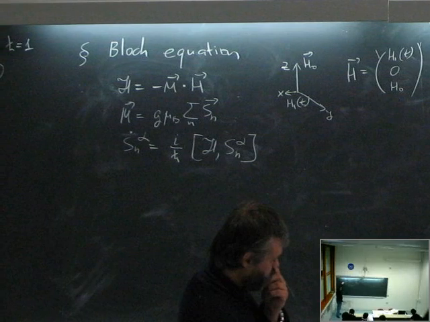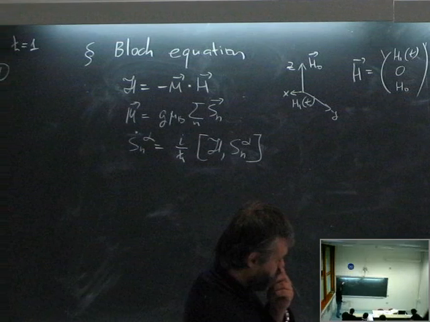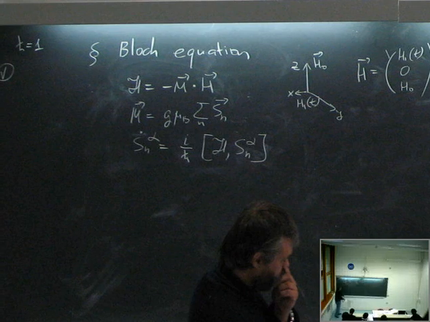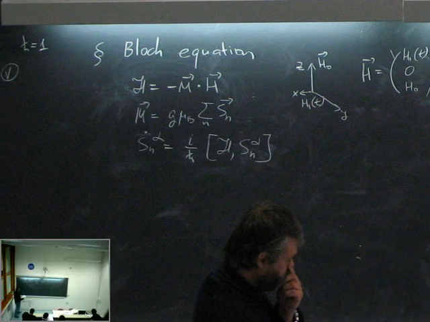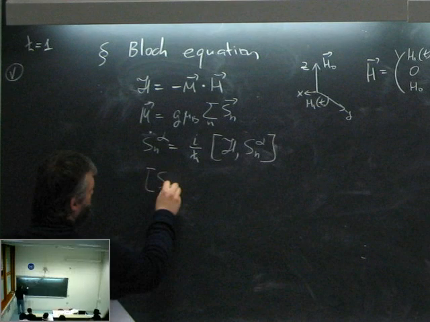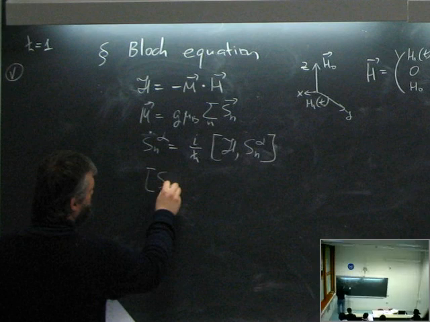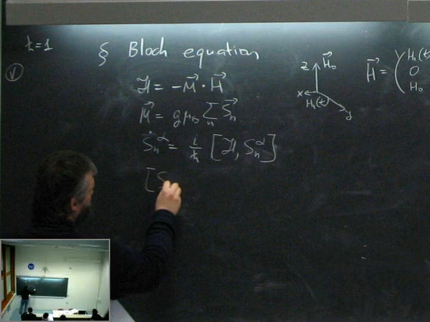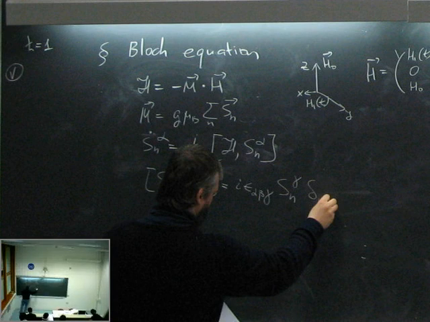If I plug in the Hamiltonian, which is written in terms of susceptibility, I have to use the fact that commutator of S_n alpha and S_n beta is equal to i epsilon alpha beta gamma S_n gamma delta_nm.